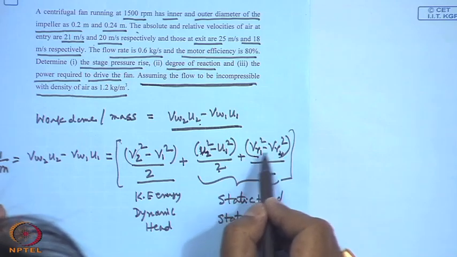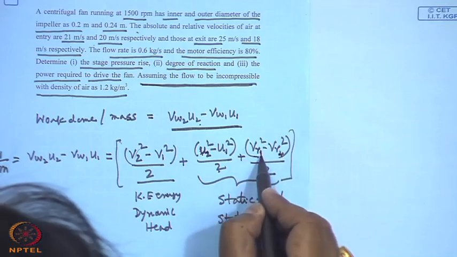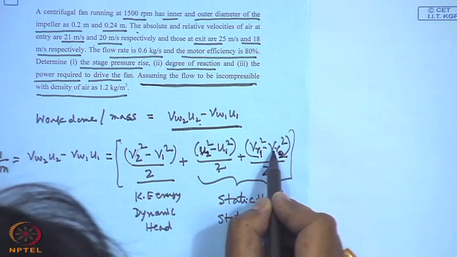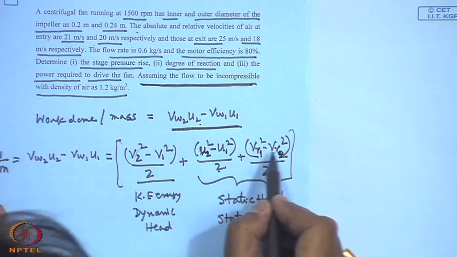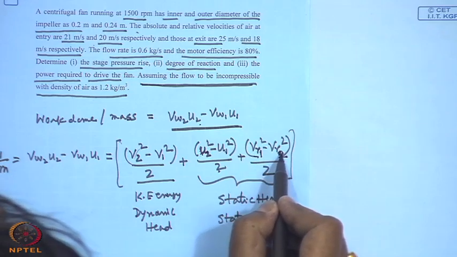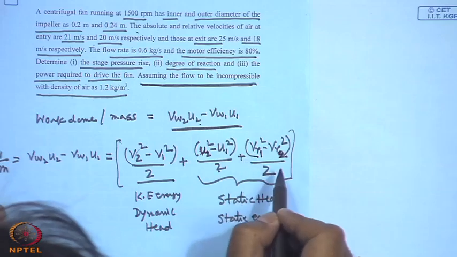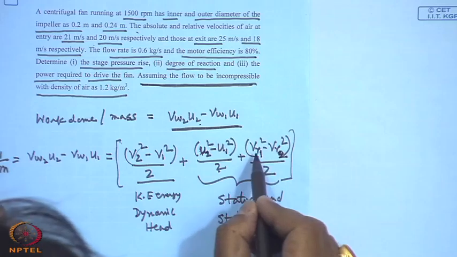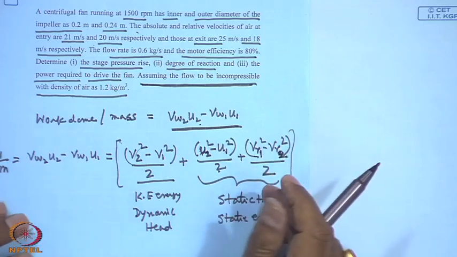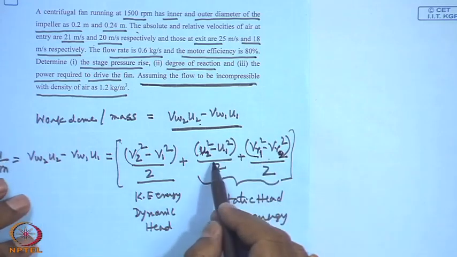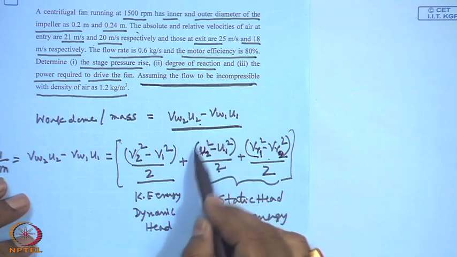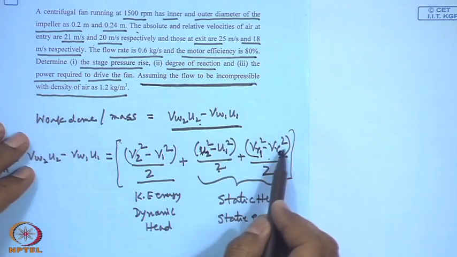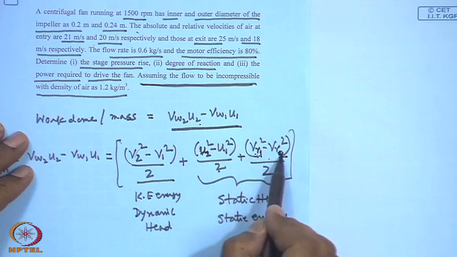VR1 is more than VR2, so the passage is a diverging passage for which pressure is gained. This pressure is gained out of the change in kinetic energy relative to the blade passage. The first is due to the centrifugal action, where a radial pressure gradient is imposed, and this one is because of the diffusion. VR1 is higher, VR2 is lower, so pressure is lower at the inlet and higher at the outlet.